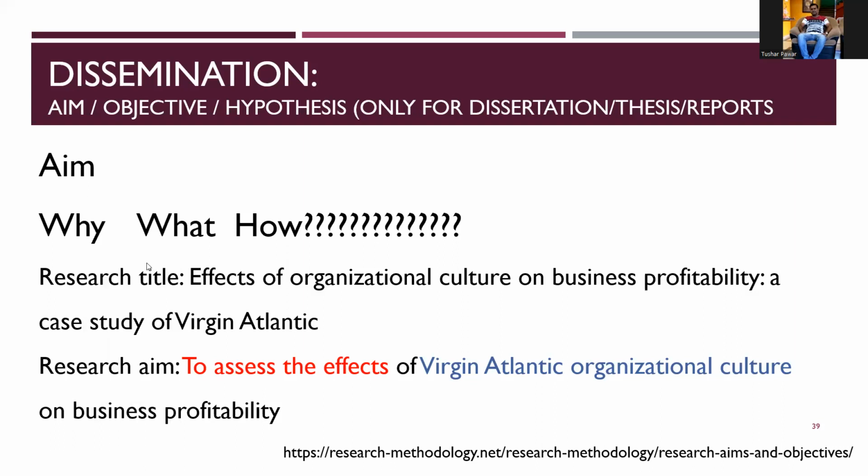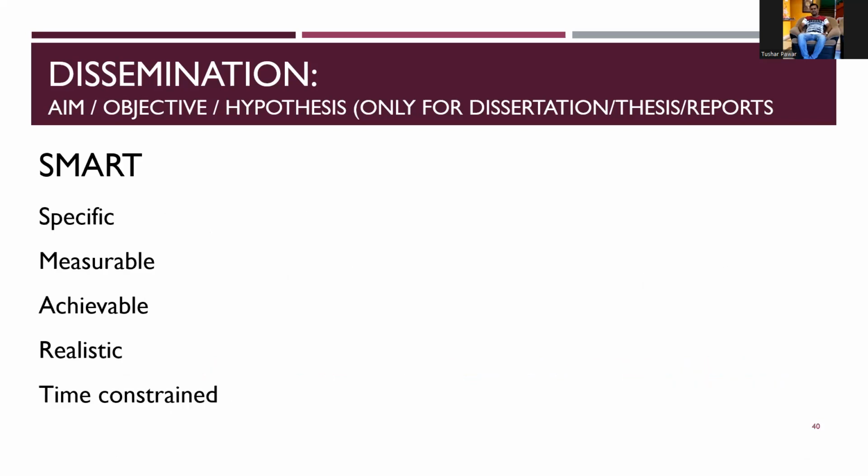Here I have shown you the research title and research aim. The title is Effect of Organizational Culture on Business Profitability, a case study of Virgin Atlantic. And you have to frame an aim. So what I have framed: to assess the effect of Virgin Atlantic organizational culture on business profitability.